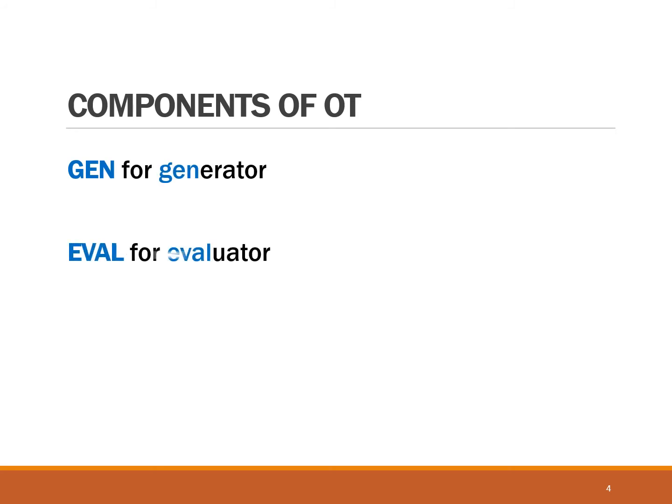These are the three components of OT. So Zen stands for generator, as already stated in the previous slides. Eval stands for evaluator, and Con basically stands for lexicon. And within the lexicon, the constraint set or the universal constraints are located.